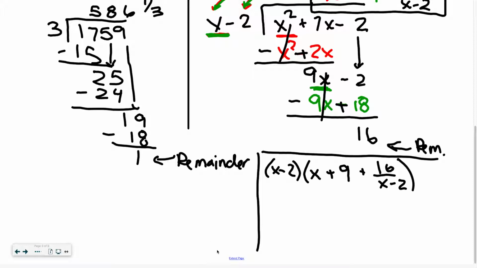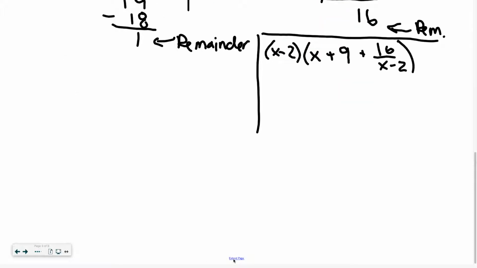Okay. I'm going to do my distribution a little bit different here than I normally do. Normally I would take one term at a time and distribute. Now I'm going to distribute all of x minus 2. So if I take x minus 2 times x, I can write it out like that.